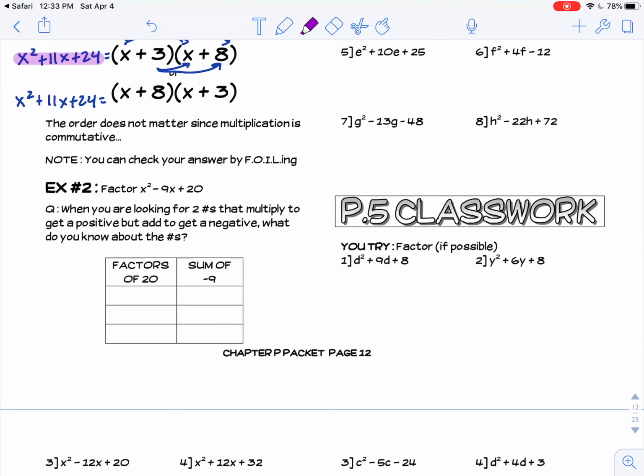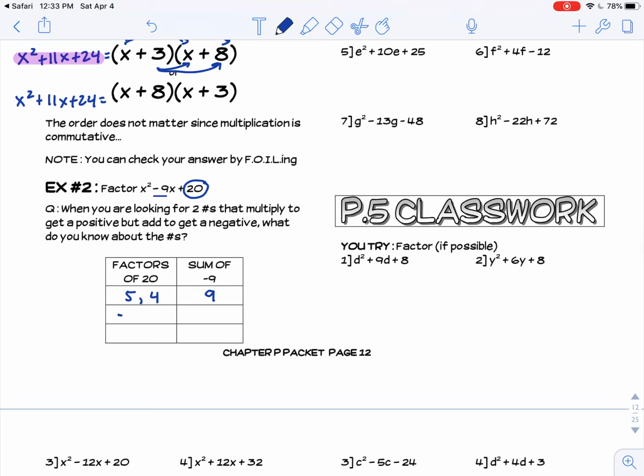Now, example 2. You're trying to find two numbers who multiply to equal 20, but add to equal -9. So I could do 5 and 4. 5 times 4 is 20, but 5 plus 4 is 9.